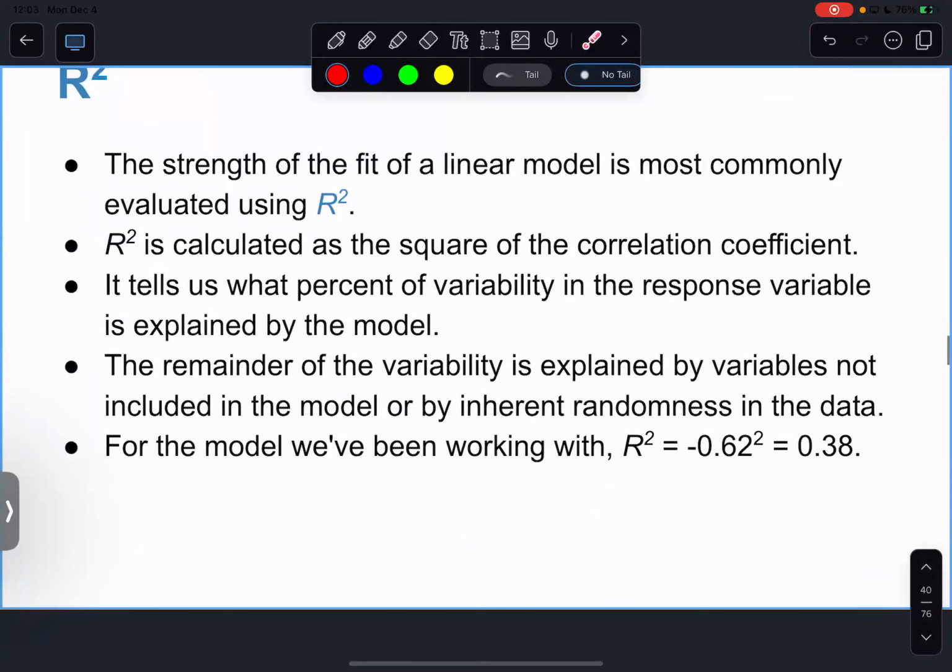So R squared is the square. R squared is R squared. I use a little r, but then I use a capital R squared for some reason. You can use a lowercase if you want.